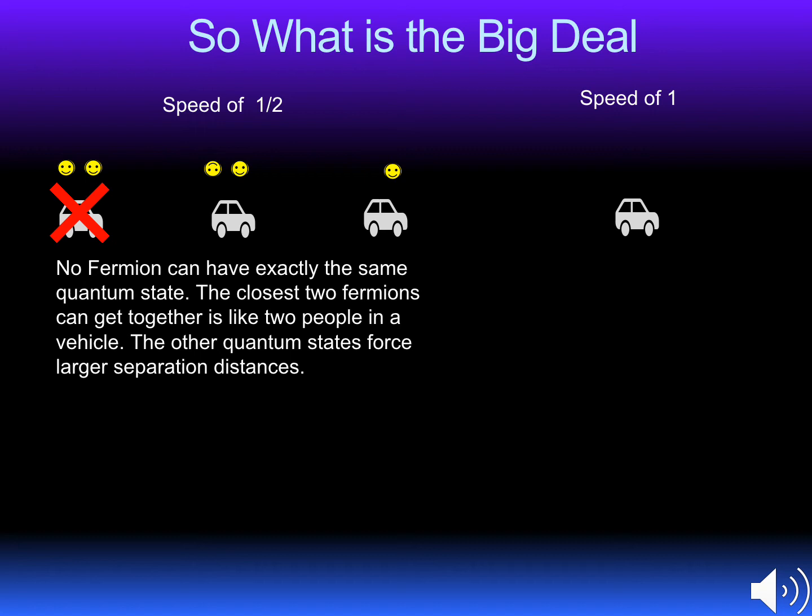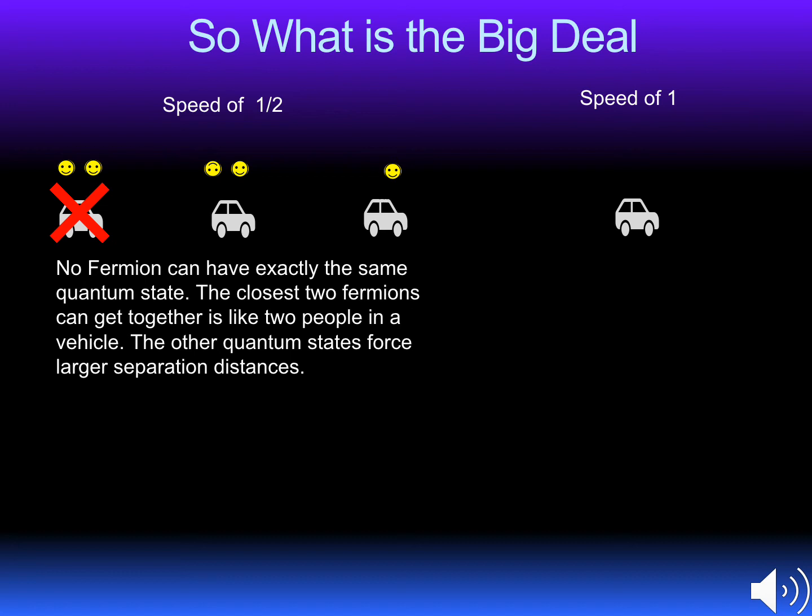And we'll just look at the aspect of spin. The previous example said that each quantum state could only have one value for spin, so that it becomes unique.